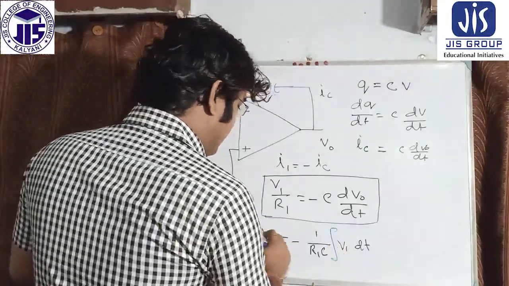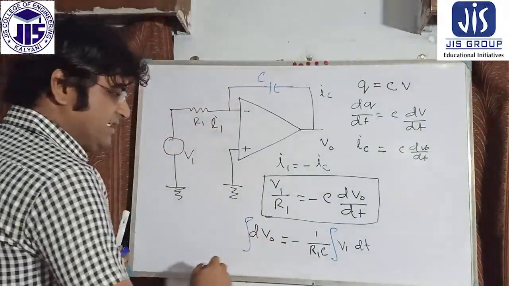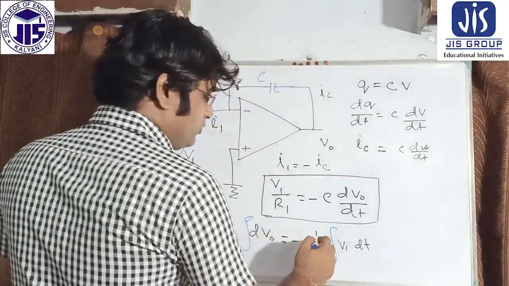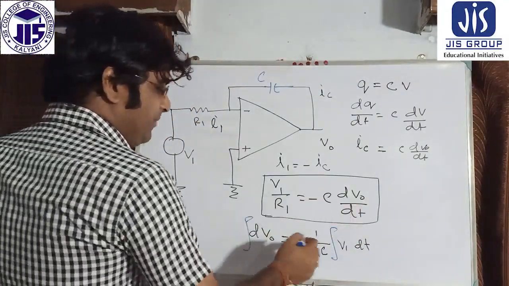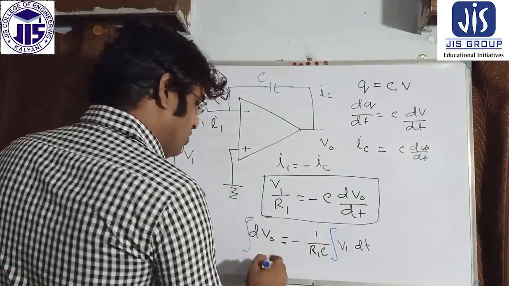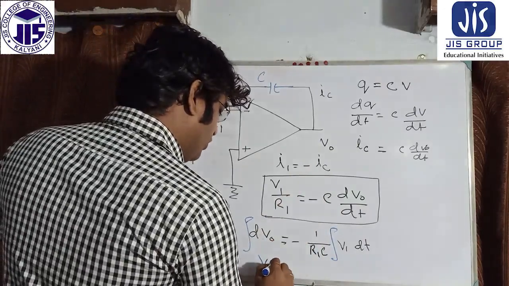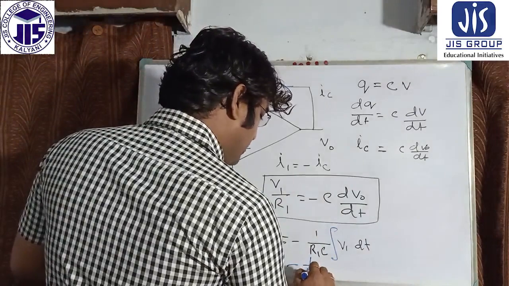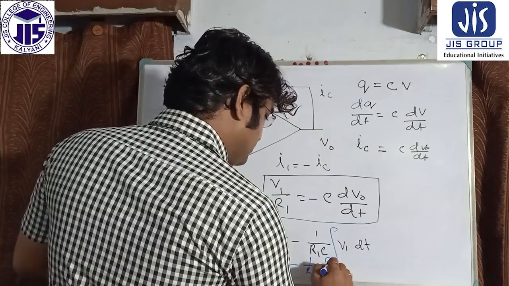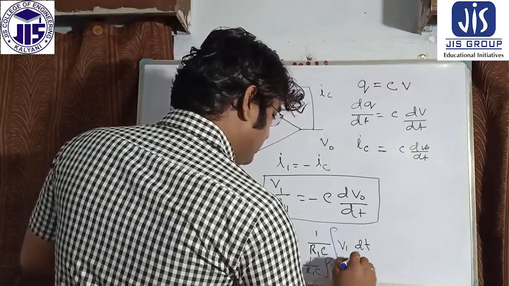We integrate these two terms: the integration of dV0 equals minus 1 by R1C times the integration of V1 dt. That means we get the result V0 equals minus 1 by R1C times the integration of V1 dt.